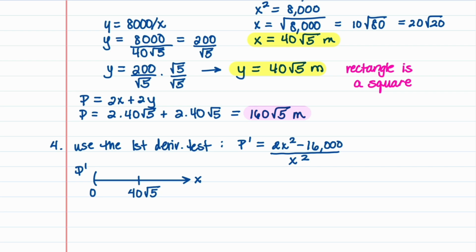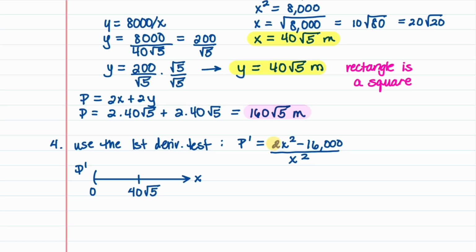All we need to do is find if it's positive or negative. So let's go back over here to our derivative, and I'm going to highlight just the numerator. The denominator has a squared term, so it's positive, so we don't need to really worry about that. 40 root 5 is where what I've highlighted in orange is equal to 0.